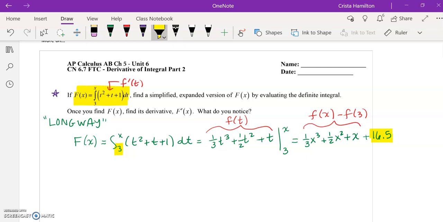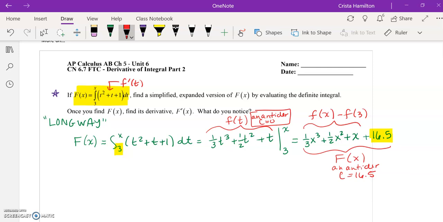And notice, as we're looking at the relationship between these, that the little f of t was an antiderivative, and I was using the antiderivative where c was equal to 0. And then we calculated our net change. What we got over here, capital F of x, the accumulation function starting from the value 3, is exactly another antiderivative, but with the constant equal to 16.5.